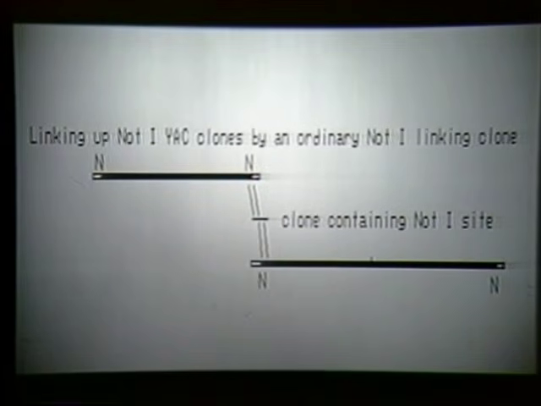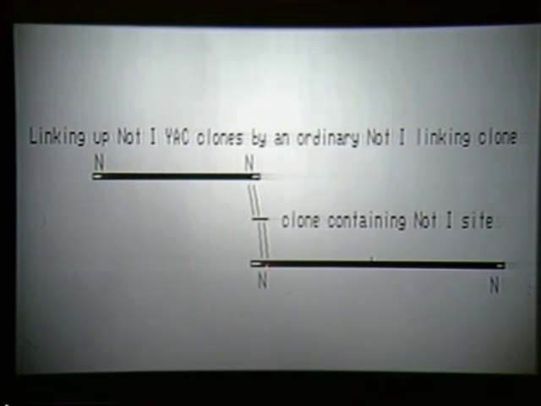Since we can now clone pieces of DNA that are hundreds of thousands of base pairs long and have absolutely specified ends, in this case shown for NotI enzyme cut ends, then in order to link up this piece with that piece, all we need is one linking clone, which contains this same particular NotI site, because in hybridization, just as with gel fragments, this clone will hybridize to just two specific large yeast artificial chromosomes, and will tell you they have to be adjacent.